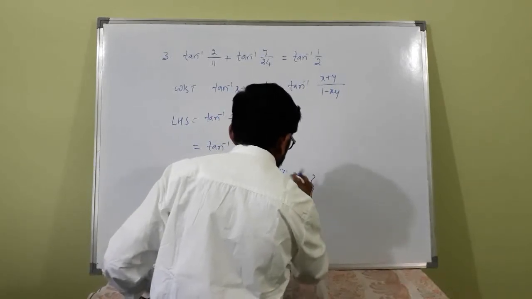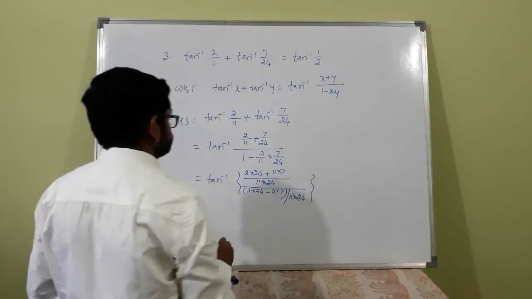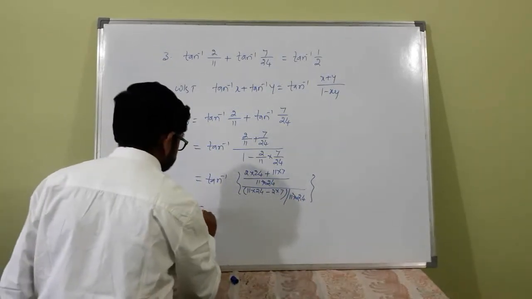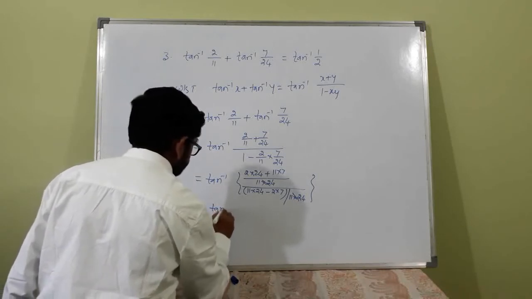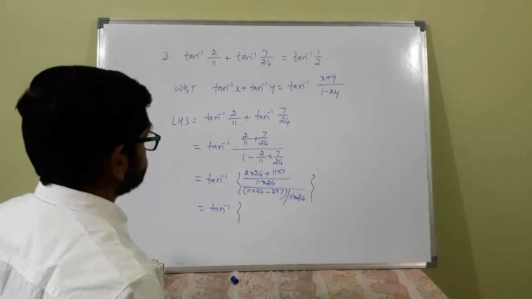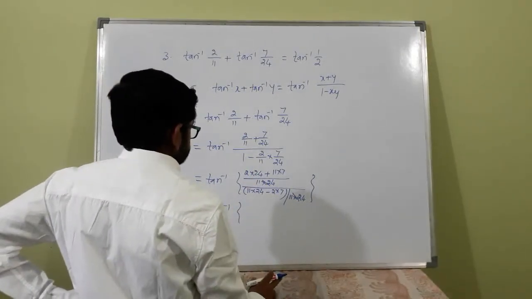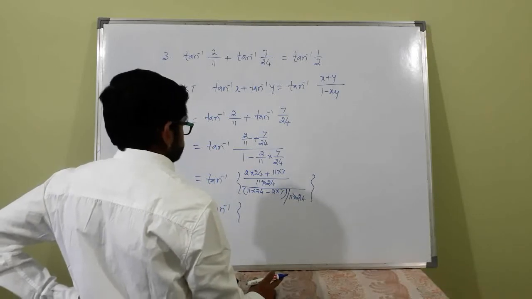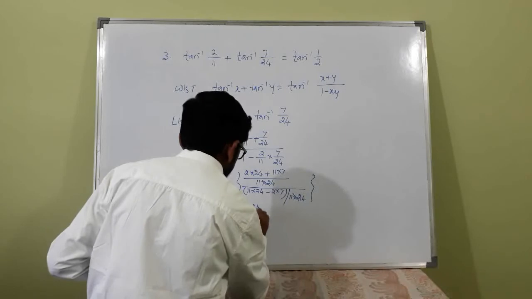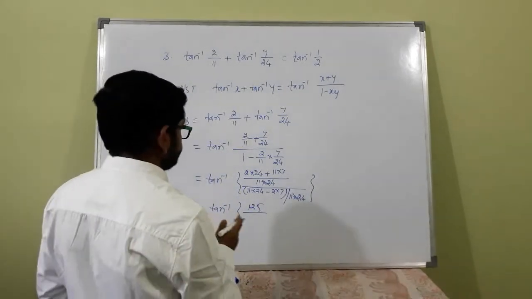That means this 11 into 24 gets cancelled, denominator part. That is equal to tan inverse of, you simplify, okay, so check whether it is half or not. So 48 plus 77, 125, divided by 11 into 24.